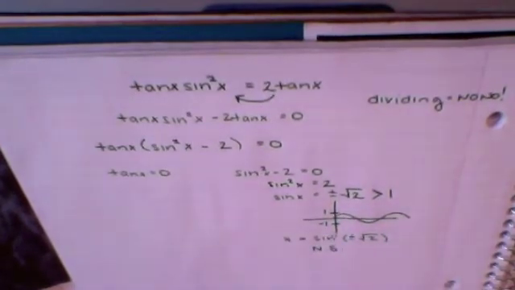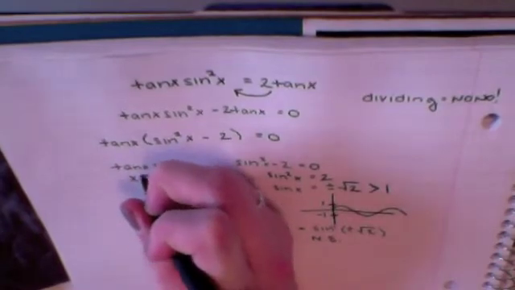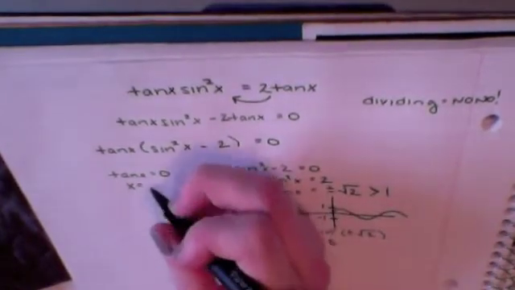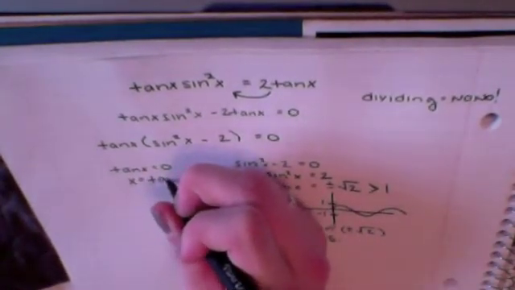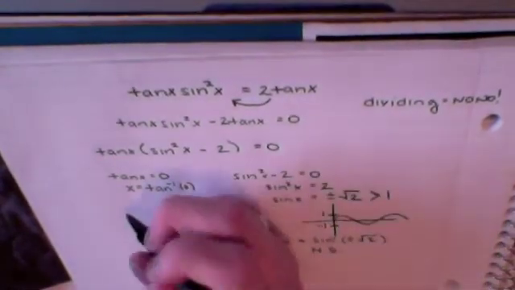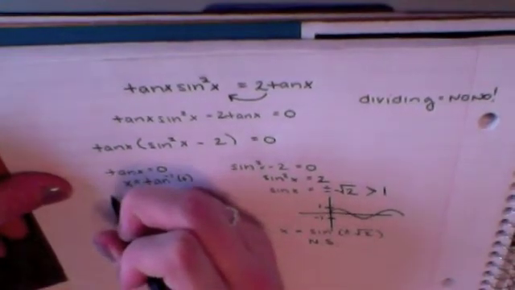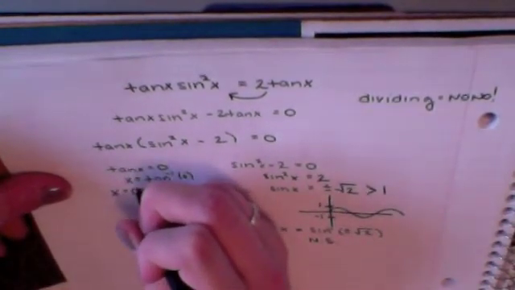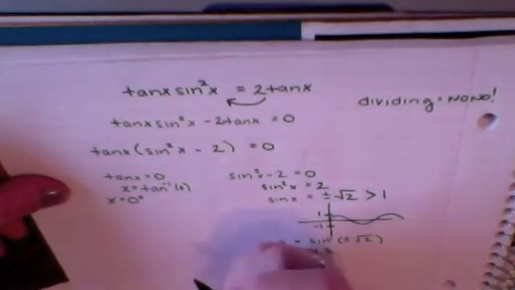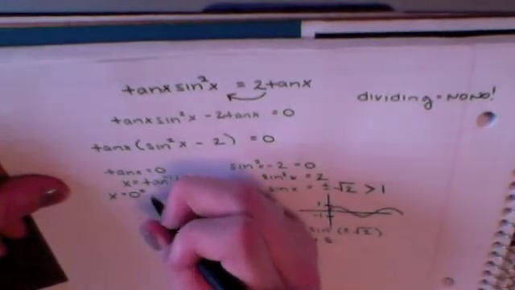Tangent of x is equal to 0. To isolate x, we take the tan inverse of both sides. Tan inverse of 0. And this is actually only going to happen in a couple spots. We know it's going to happen at 0 degrees. We know tangent is undefined at 90 degrees.